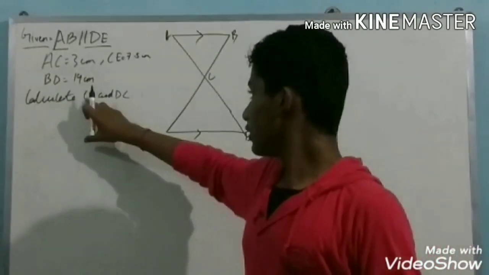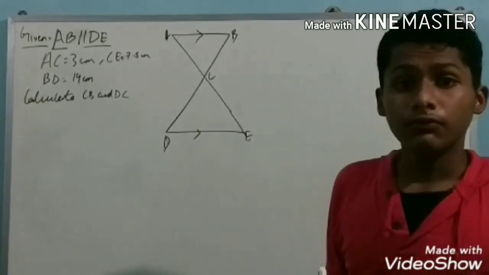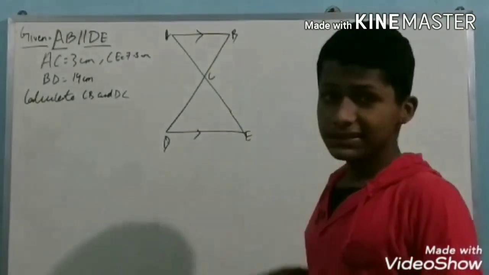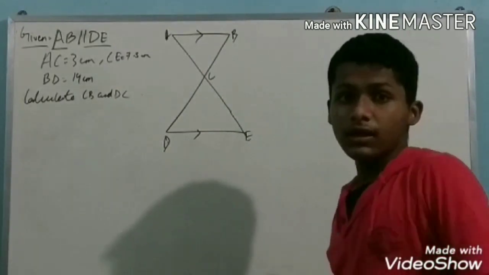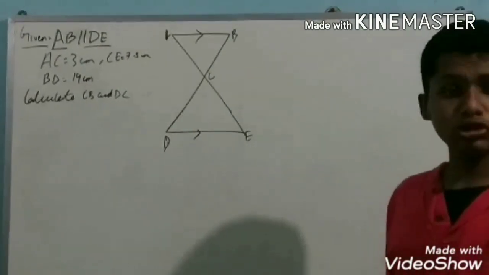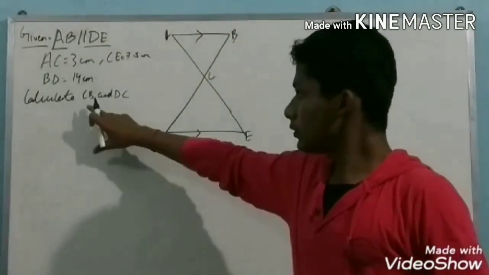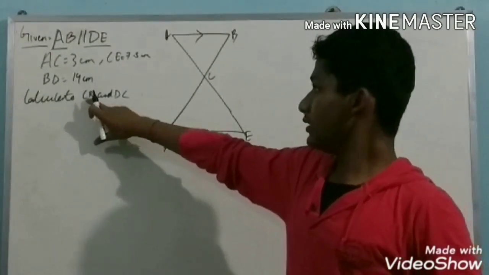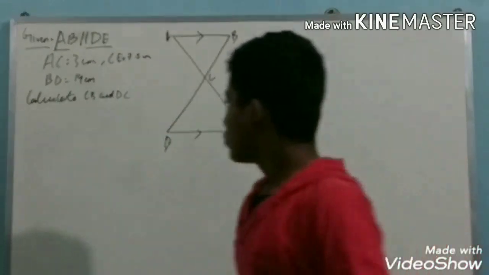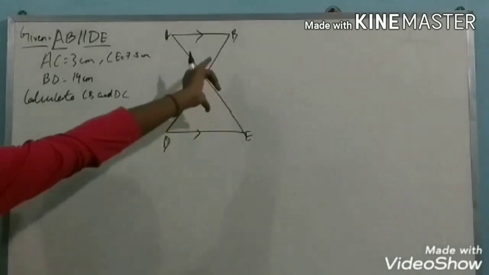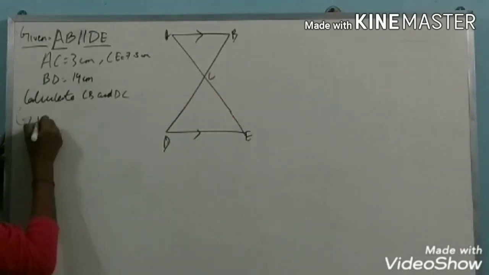Before we calculate them, we have to know that these two triangles are similar to each other. After that we will find the ratios of the two triangles, and with the help of the ratios we will find CB and DC. So now I am going to prove these two triangles similar.